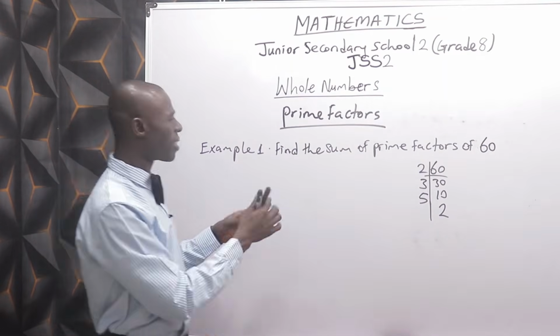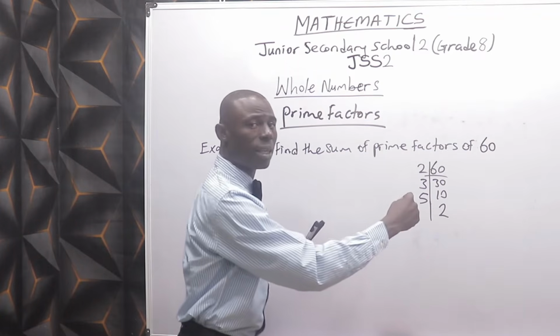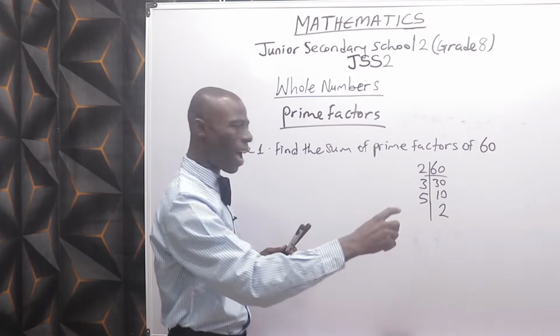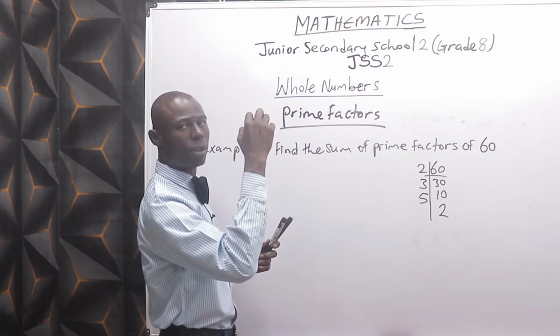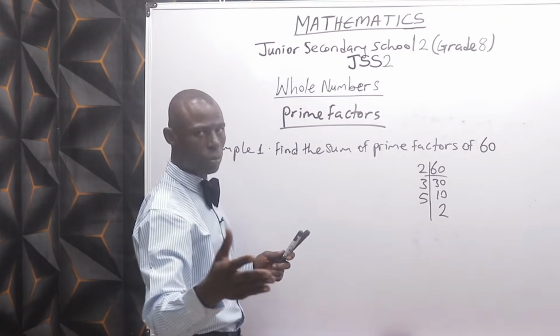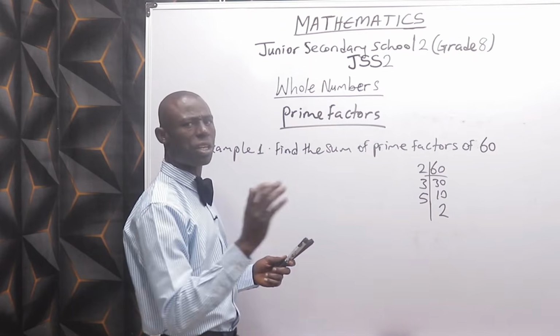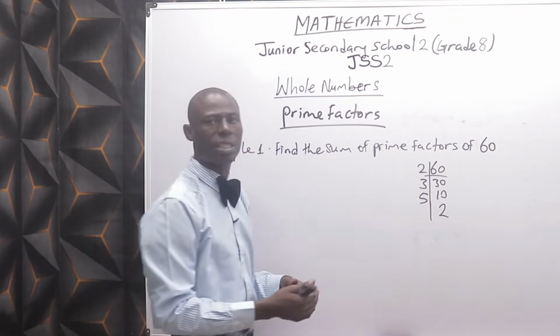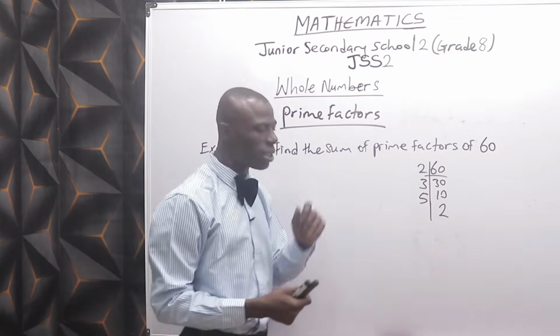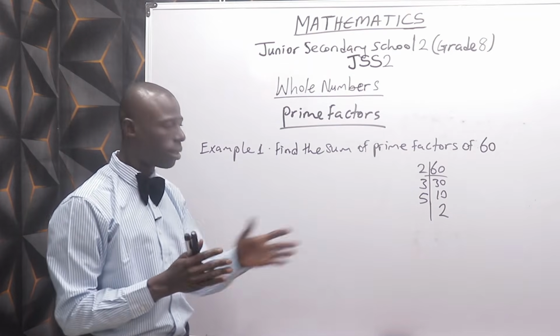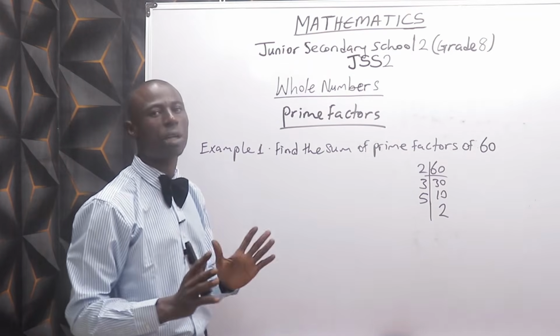So instead of listing a long line of factors of 60 and extracting out of them the prime ones, instead of going on that Israelite journey, this is the exam approach you have to use. Once you use it correctly, it saves your time and it is accurate.